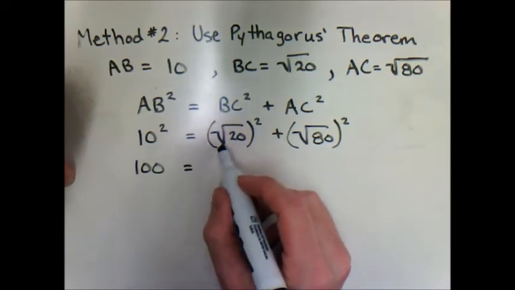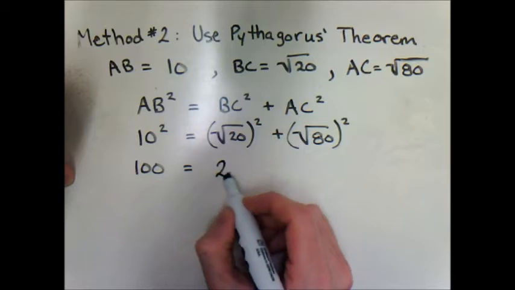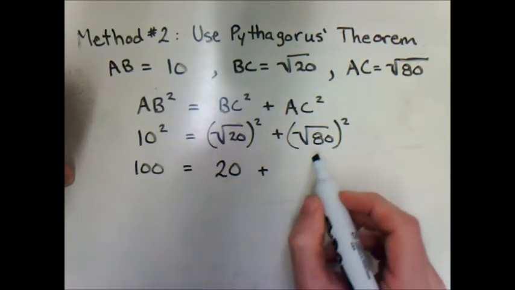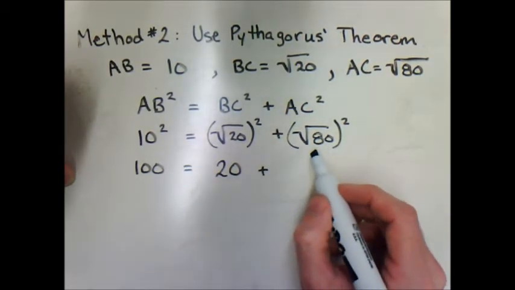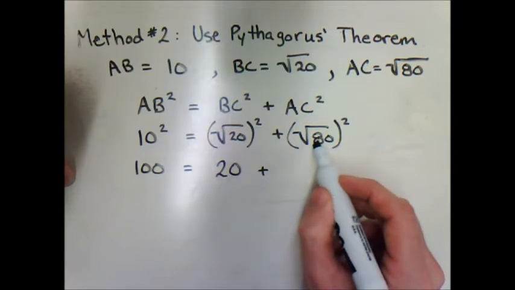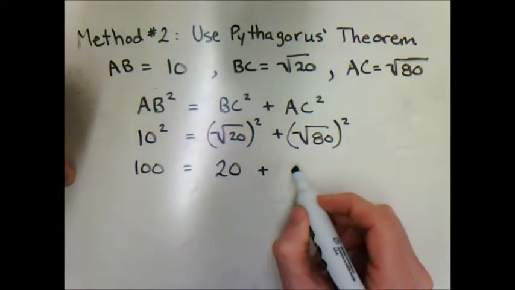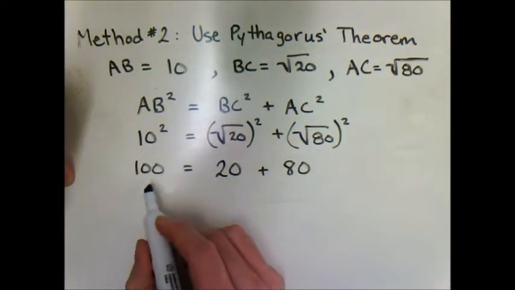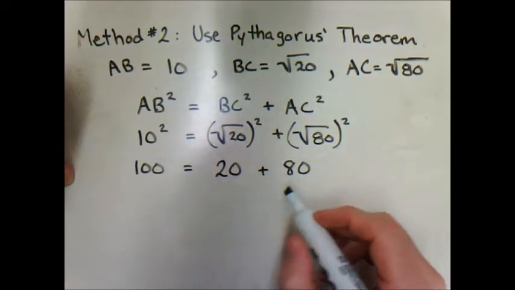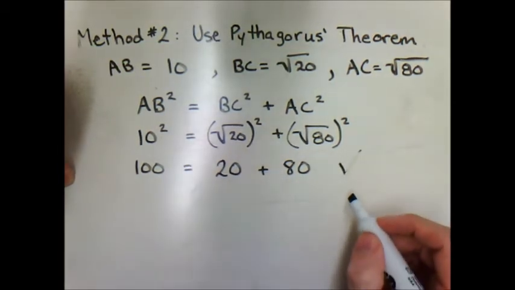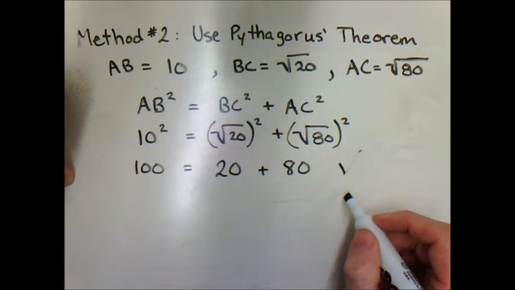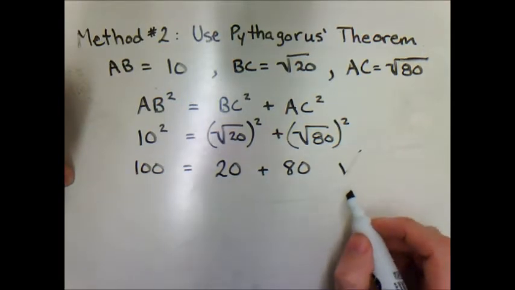If we take the square root of 20 and then square it, we'll be right back up at 20. And with the square root of 80, if we take the square root of 80 and then square it, we'd be right back up at 80. 100 equals 20 plus 80. That is a true statement, which tells us that the Pythagorean relationship does apply.